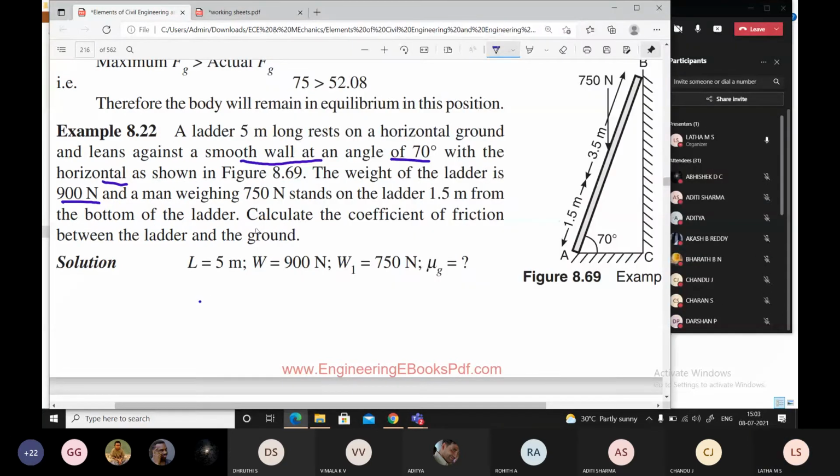Calculate the coefficient of friction between the ladder and the ground.